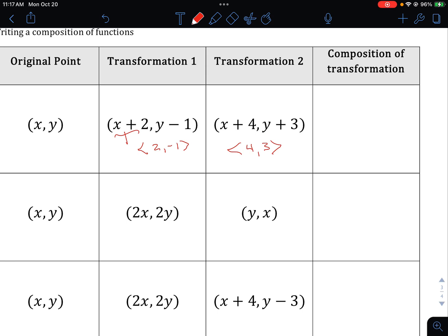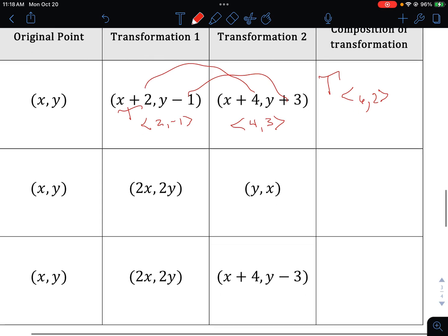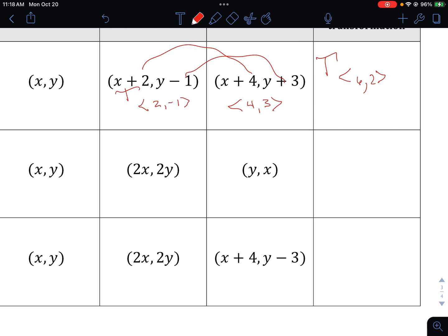Now, here's the thing about this. We've kind of talked about this before. If I do this, you've actually gone a total of x plus 6. And then -1 plus 3 is 2. So 6, 2 on that one. That's your single transformation, actually.